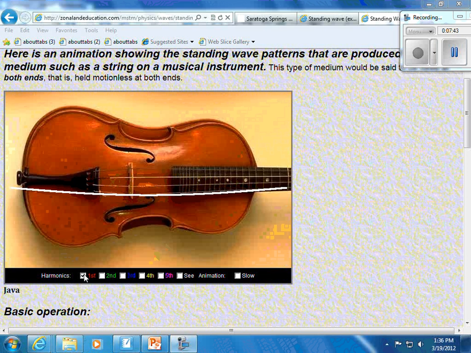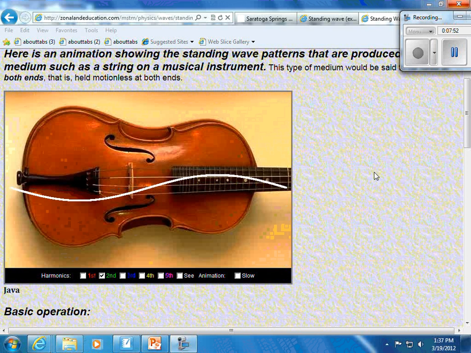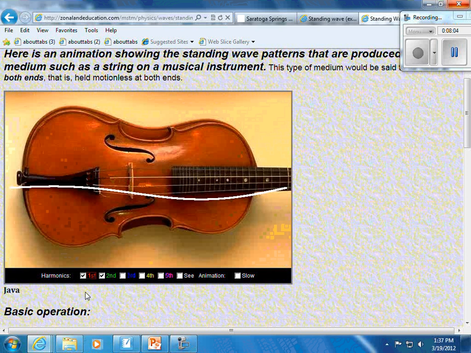But there's another wave that will resonate in the string, and it's this diagram right here. This is showing you the wave with the next smallest wavelength, what we call the second harmonic or first overtone, that will also resonate in the string.